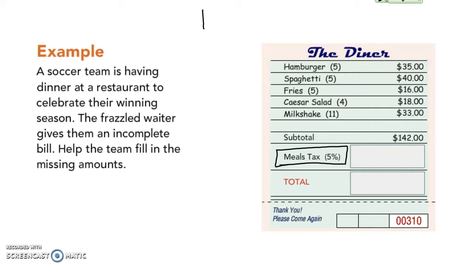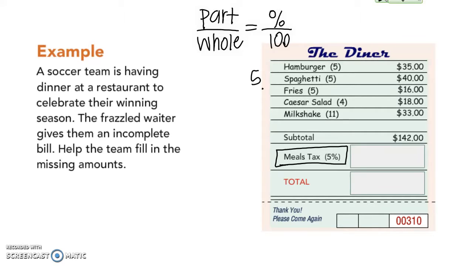So part over whole equals percent over 100. It's 5%, so I'm going to plug in 5 for the percent. I'm going to rewrite a second percent proportion where I'm plugging these numbers in. So I put the percent over 100, and then my subtotal, that's going to be the whole. So $142 is the whole.